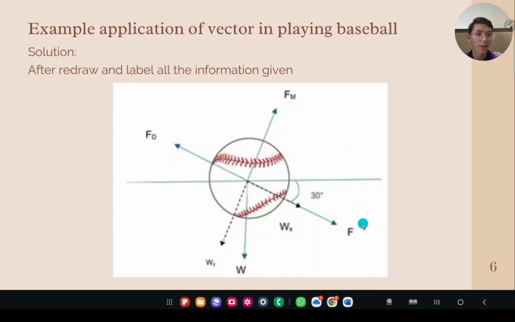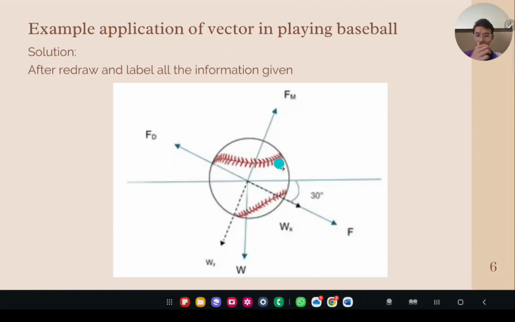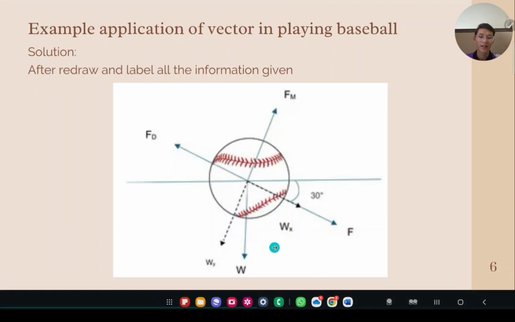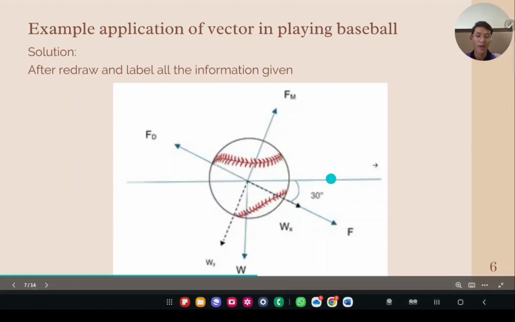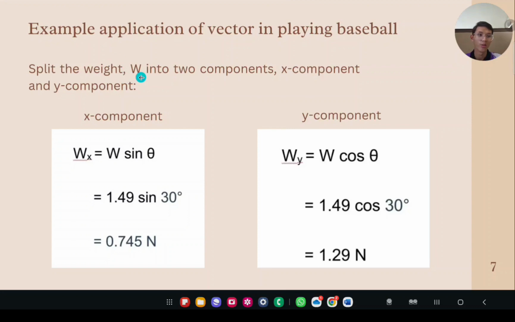We use W, weight, because this ball has mass, and we break down this W into two components, which is the X component and the Y component. So we split the weight W into X component and Y component.